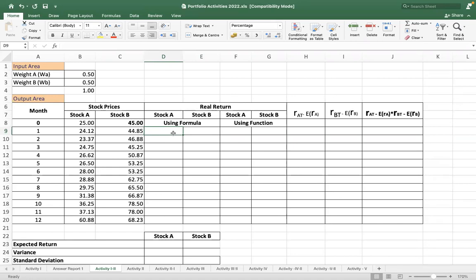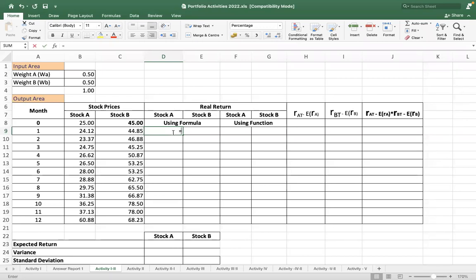Usually, first we start with the traditional way of calculating the stock return. In the traditional way, we take the difference between today's price and the last price, then divide it by the average price, right? If you remember your manual calculations in portfolio, you use the difference between today's price and the previous price, divided by the average of these two prices.